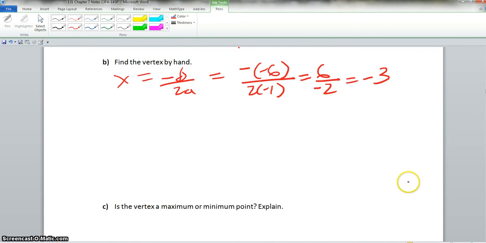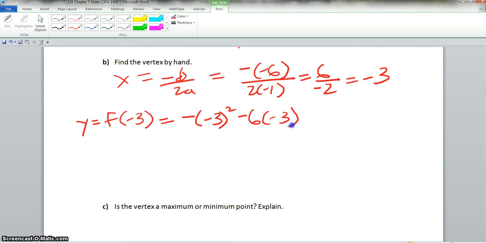And now we're going to plug this in to find y. So we have f of negative 3 equals, but we know that's really y equals, and f of negative 3 and y are the same thing. It's the opposite of negative 3 squared minus 6 times negative 3 minus 4.